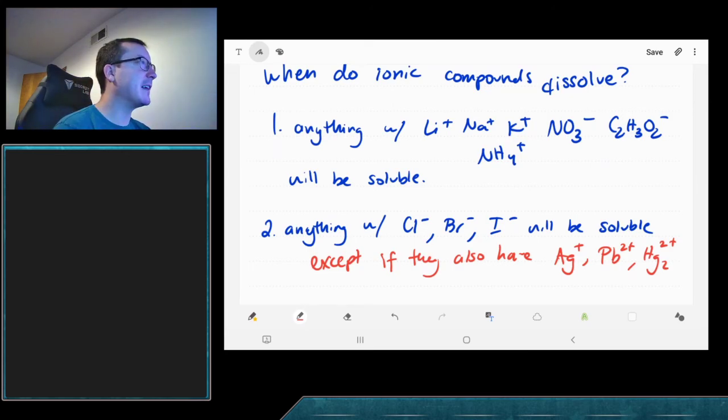So that means that silver chloride would be something we would expect to be insoluble. However, something like calcium chloride we would expect to be soluble because it has a chloride with it.